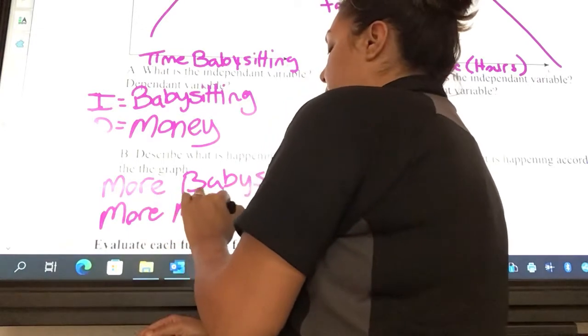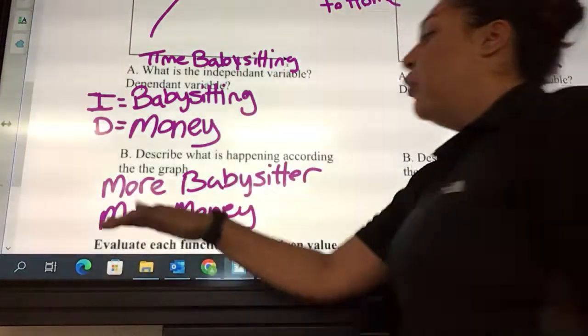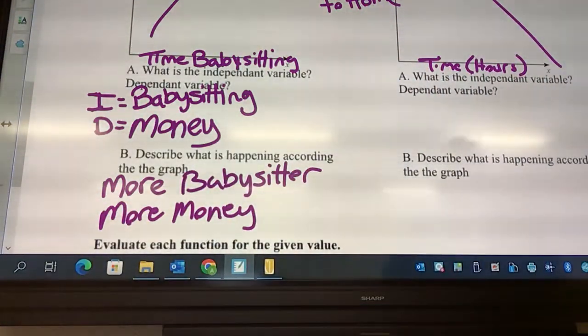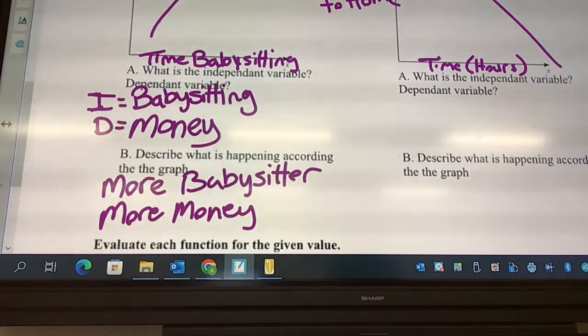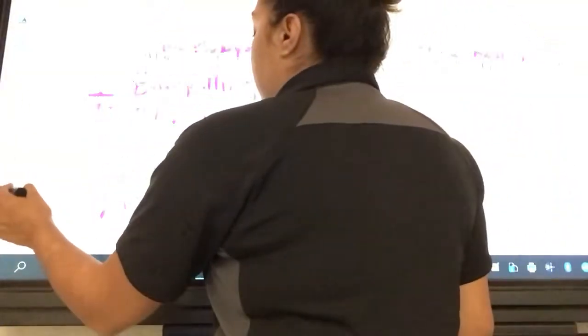Now you can write more on there. The more time you spend babysitting, the more money you'll have saved up. You can write a really nice sentence with punctuation, I don't care, but you should at least have 4 words on there. Money and babysitting should be 1 or 2, and either more or less. So you need to make sure that you're having 4 on there at least.